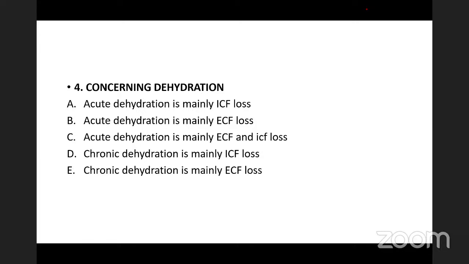Then acute dehydration is mainly ECF and ICF loss. That is false. That is for chronic dehydration. Then chronic dehydration is mainly ICF loss. Chronic dehydration is both ICF and ECF loss, so that is false. Chronic dehydration is mainly ECF loss. That is false.